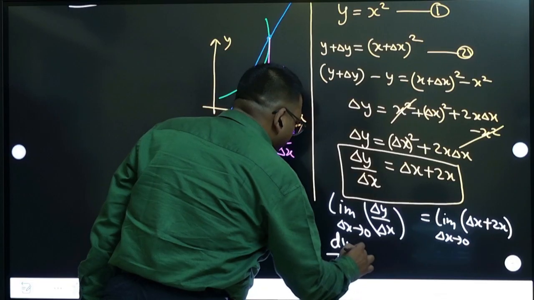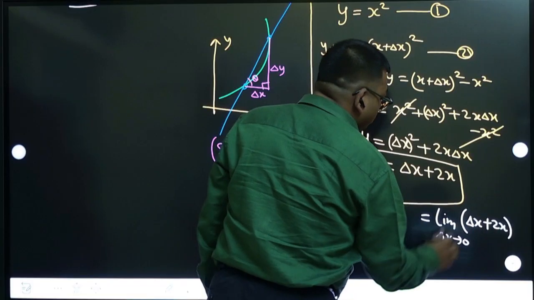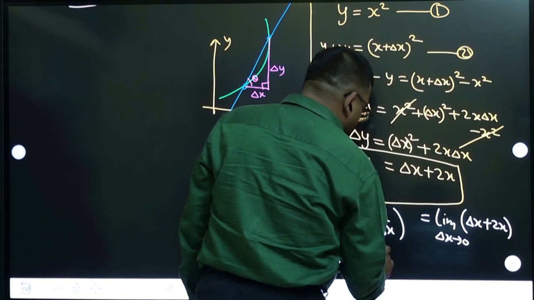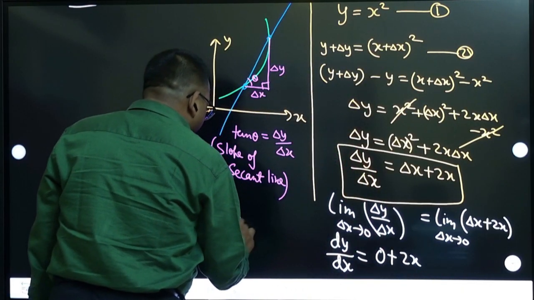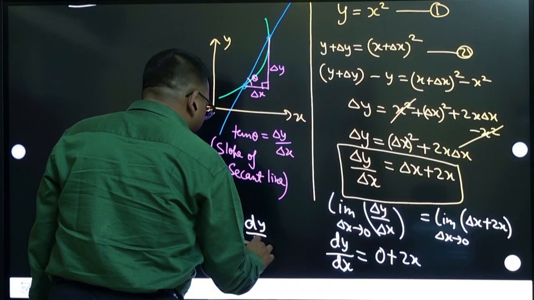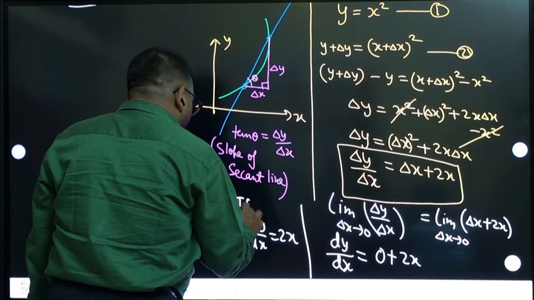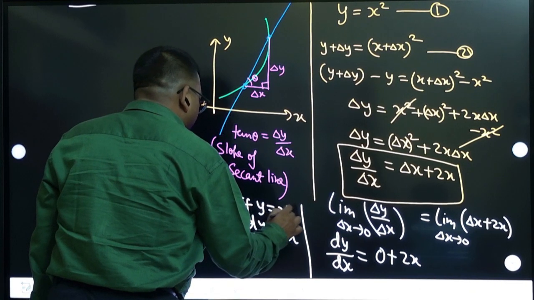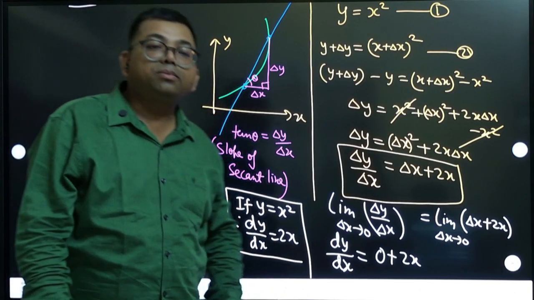Here we substitute delta x tends to 0. So the first term becomes 0, the second term is 2x. That's how we get an important result: dy by dx becomes 2x. So if y is equal to x square, dy by dx becomes 2x.